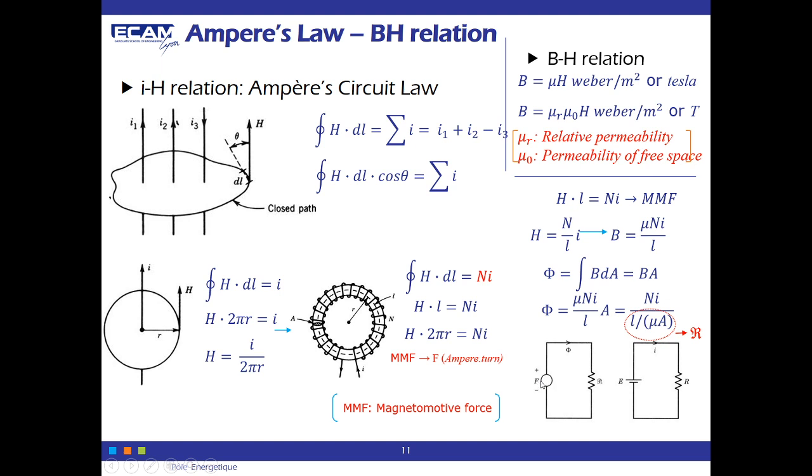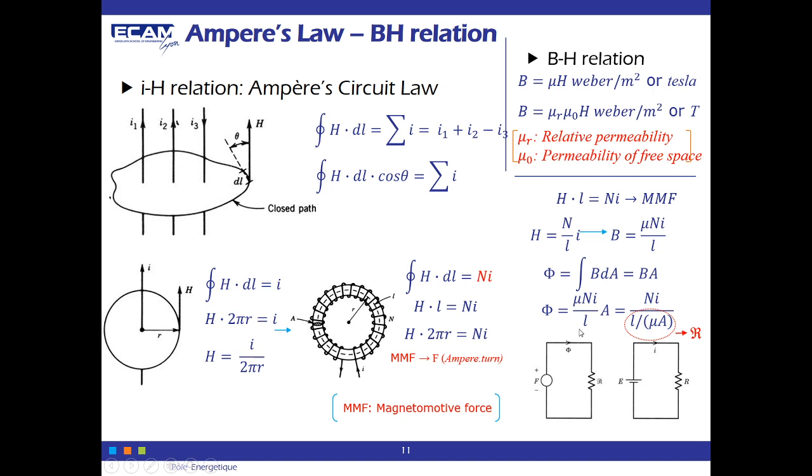The F is identical to the electromotive force, which is the magnetomotive force we mentioned. And finally, the energy transferred from the source to the energy dissipating component, which is the reluctance, is identical to current, which is the flux itself.